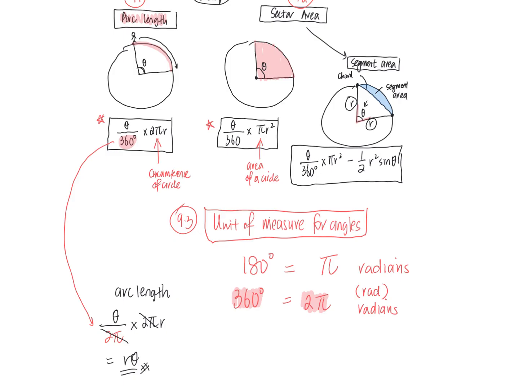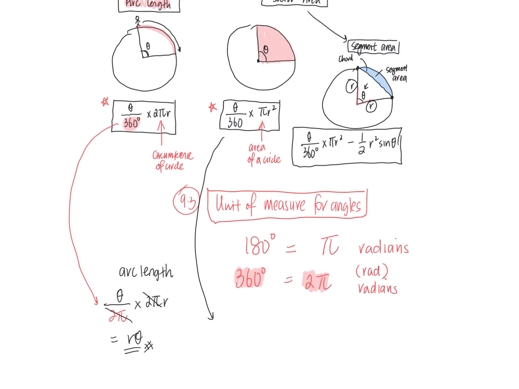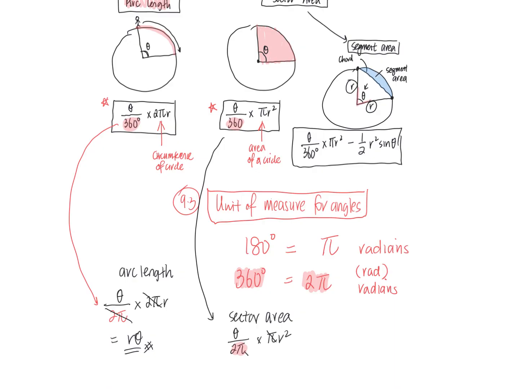What about this one? Same thing, now it's sector area. Again, I'm going to change this 360 to 2 pi, and then this is pi r squared. So if I cross out the pi, my formula for sector area is r squared theta divided by 2. So this is the new formula for sector area if the angle they give me is in radians.